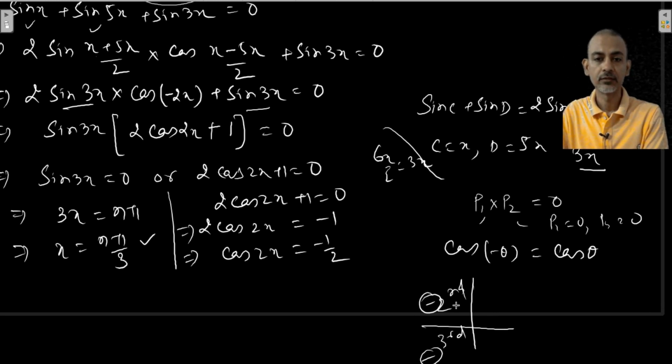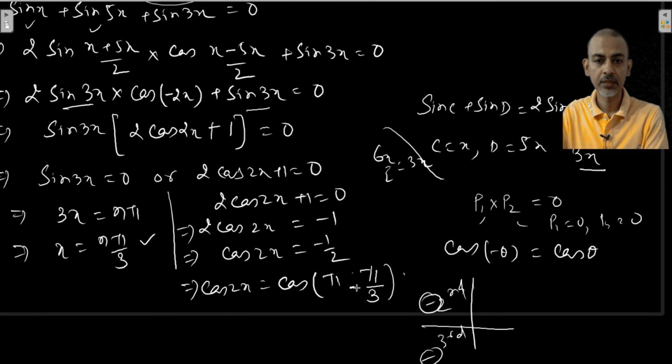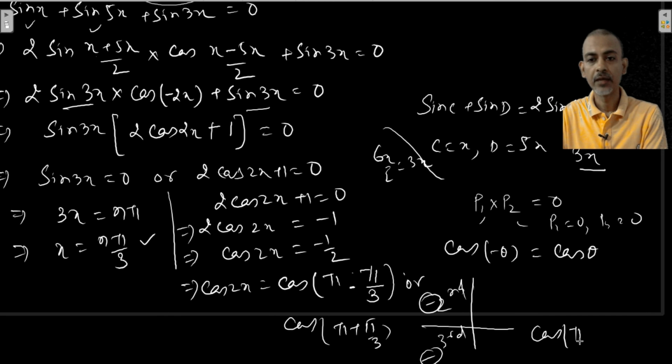So to get the value, I can write cos of 2x equals cos of (pi minus pi by 3), and the second one will be cos of (pi plus pi by 3). Both cases work because cos of (pi plus theta) is minus cos theta, and cos of (pi minus theta) is also minus cos theta.